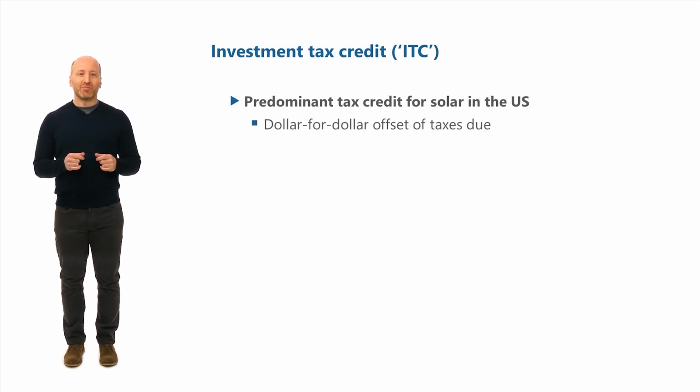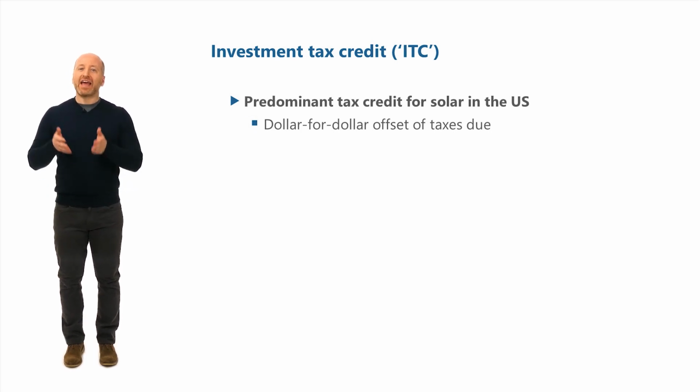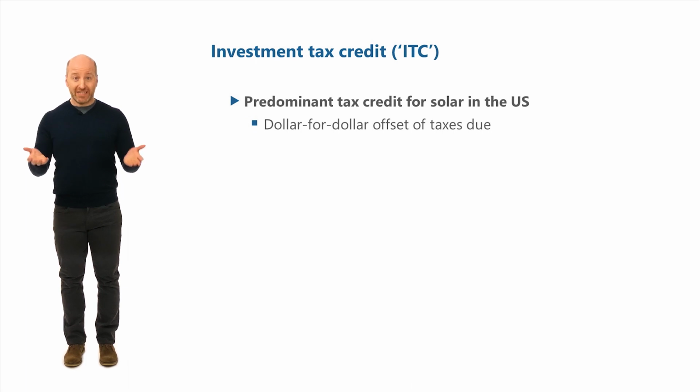So whereas the production tax credit is earned over a 10-year period of time, the investment tax credit is an upfront credit. And the credit is received when the project is placed in service. And given that most companies pay their estimated taxes every quarter, the benefit of the ITC would typically be enjoyed at the end of the quarter in which a project is placed in service.